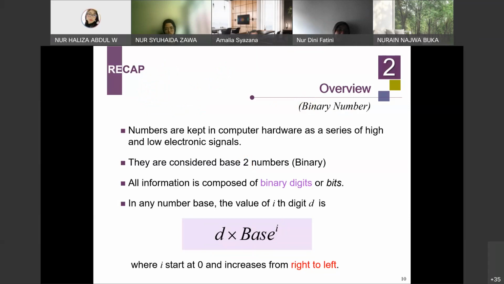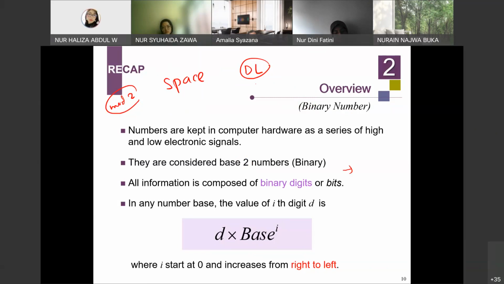Last time I taught a part-time class, and some of the students did not have a digital logic background. So it's very hard for them to move into module 2, because module 2 is normally related to numbering.